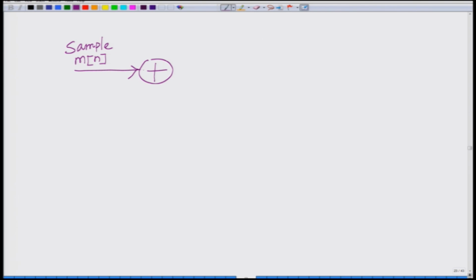Now from this sample, remember you are encoding the differences, so you are subtracting mq[n-1].